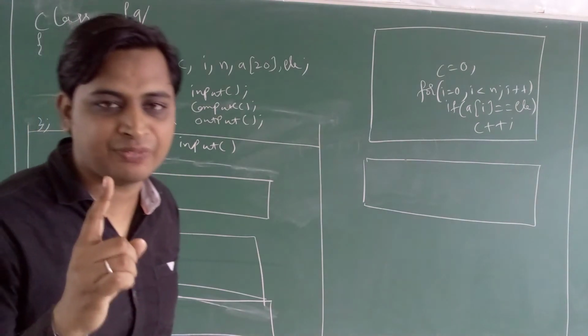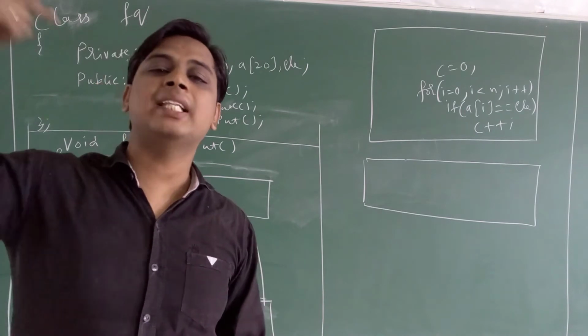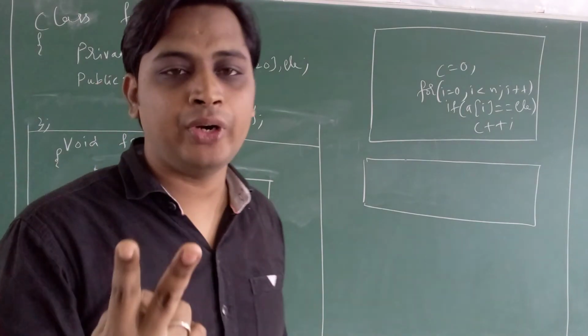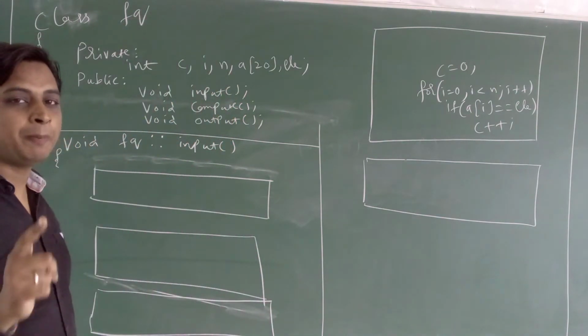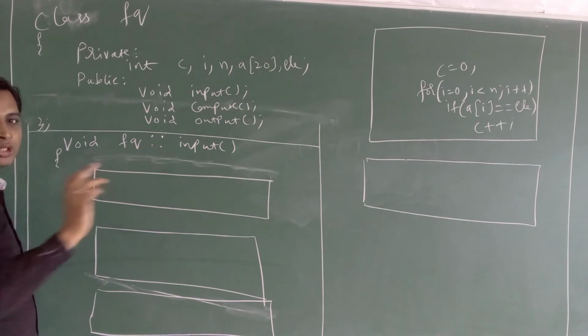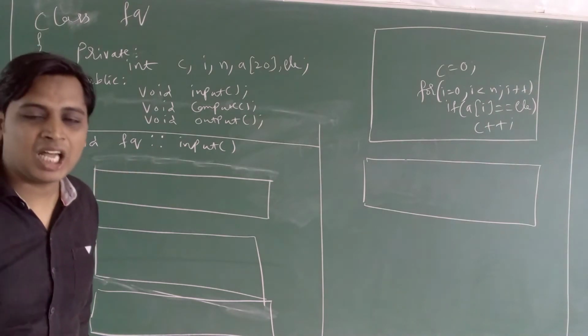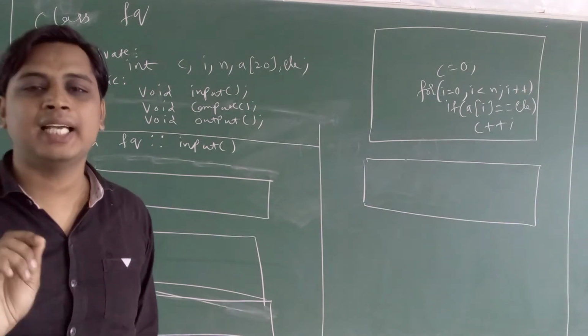When you are going to write your examination outside the college, two things are very important: your uniform and the hall ticket. The uniform represents the college, that is the class name, and the scope resolution operator is your hall ticket. This allows you to access the member function outside the class.